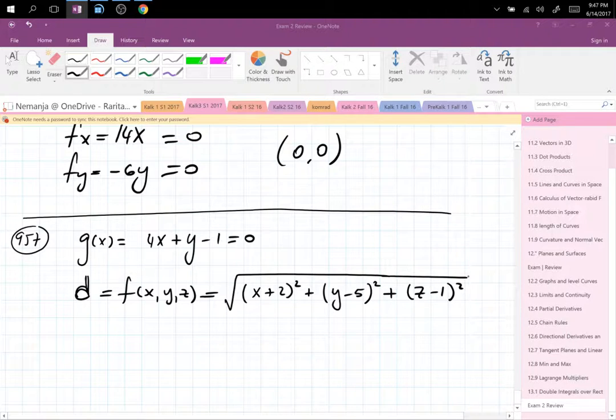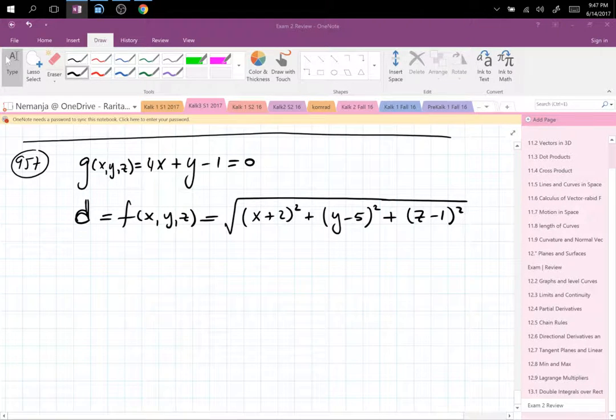Observe that our g does not have a z in it. So we are doing the Lagrange multipliers here. Del f equals lambda del g.